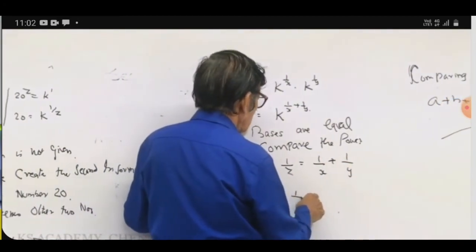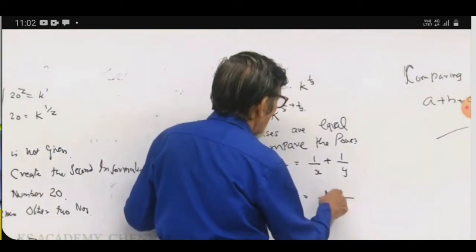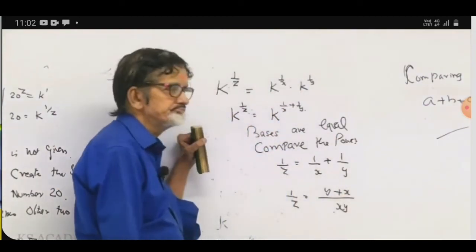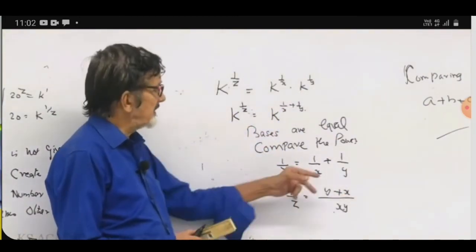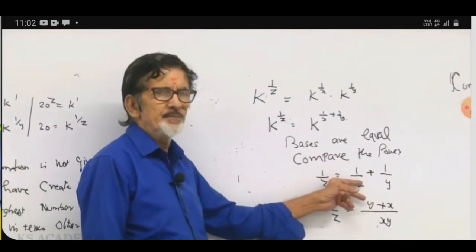1 by z is equal to, take the LCM xy. Here if you invert you are wrong. If you write z is equal to x plus y, you are wrong.